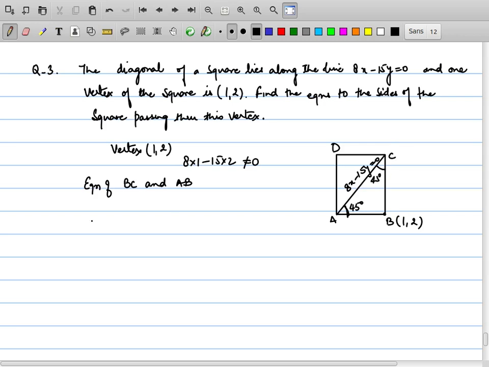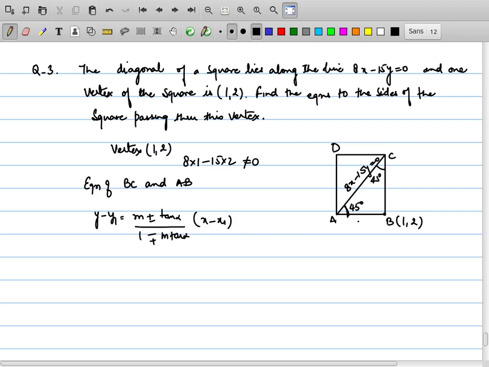So, we use our formula: y minus y1 equals (m plus or minus tan alpha) upon (1 minus or plus m tan alpha) times (x minus x1). When we take plus in the numerator and minus in the denominator, we get one of the equations, and when we take minus in the numerator and plus in the denominator, we get the second equation.